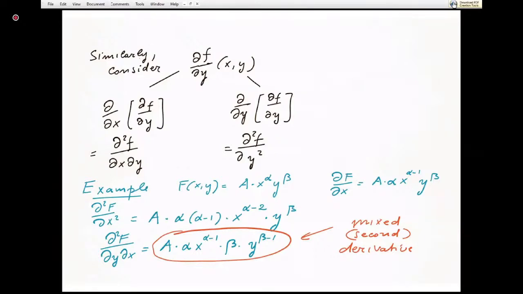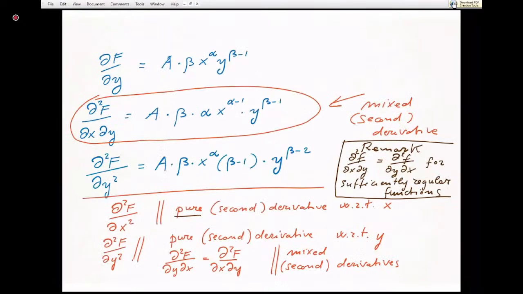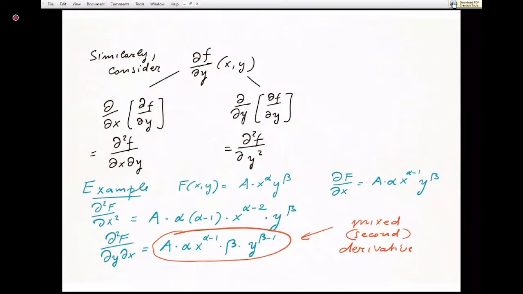Okay? Pure second derivatives versus mixed second derivatives. Is that clear?